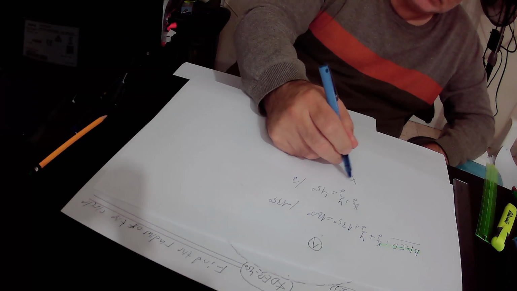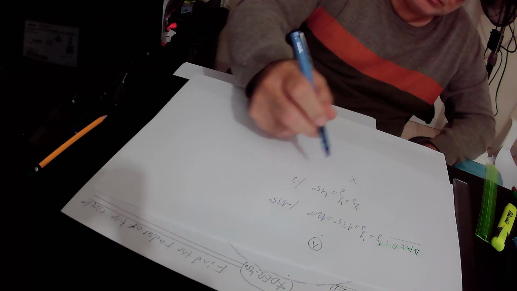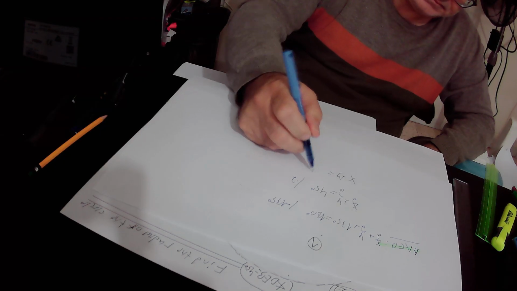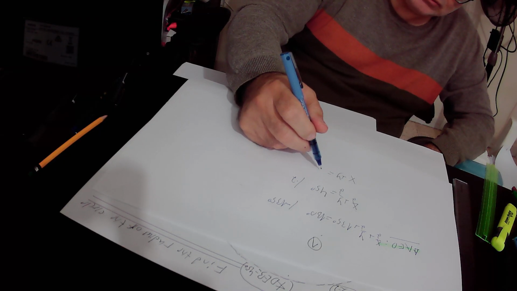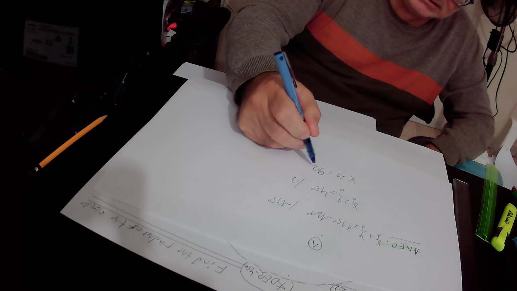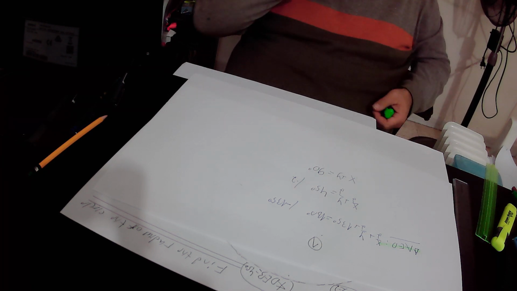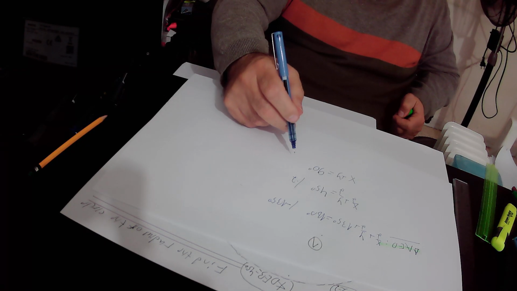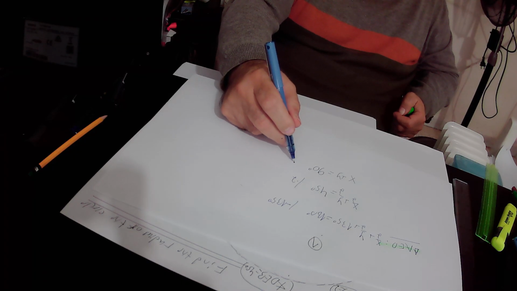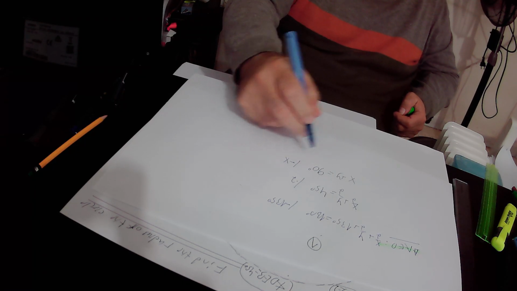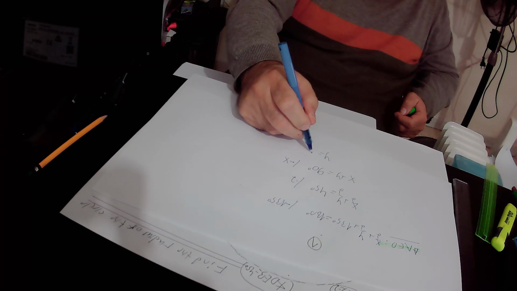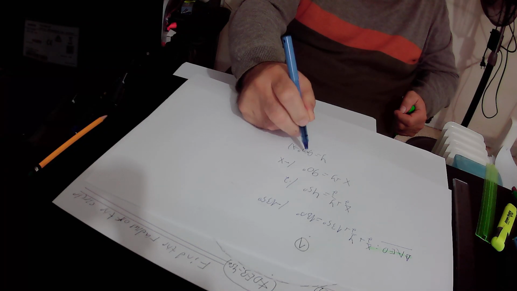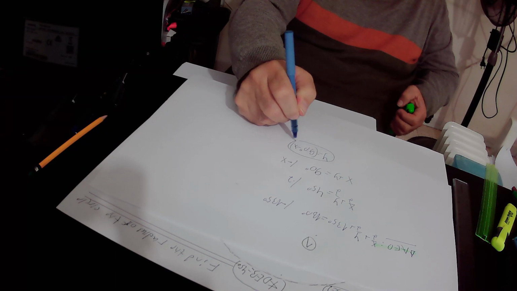X over 2 times 2 is x. Y over 2 times 2 is y. And 45 times 2 is 90. We found that x plus y equals 90 degrees. We'll subtract x from this equation, and finally we get that y equals 90 degrees minus x.